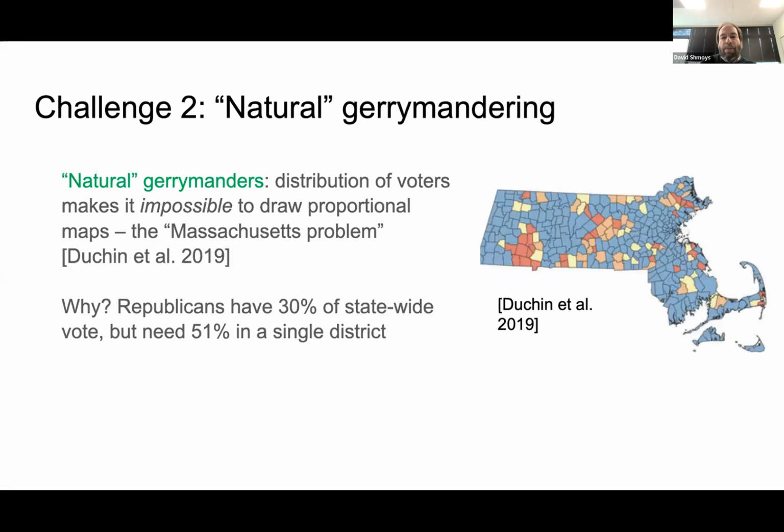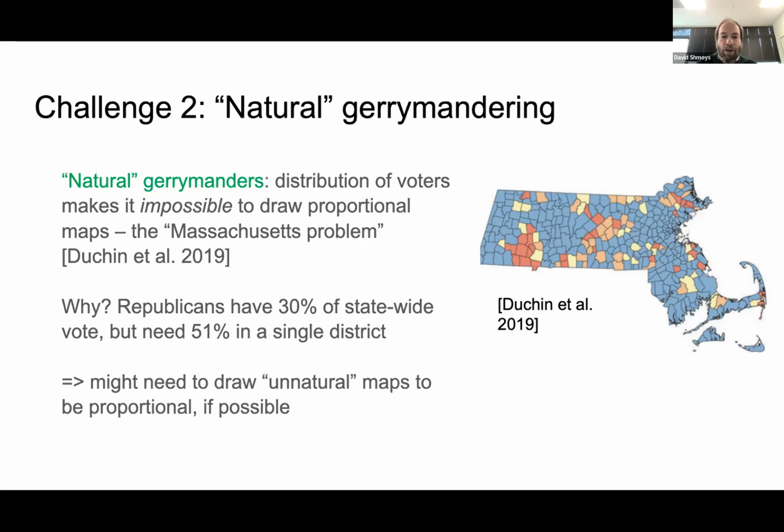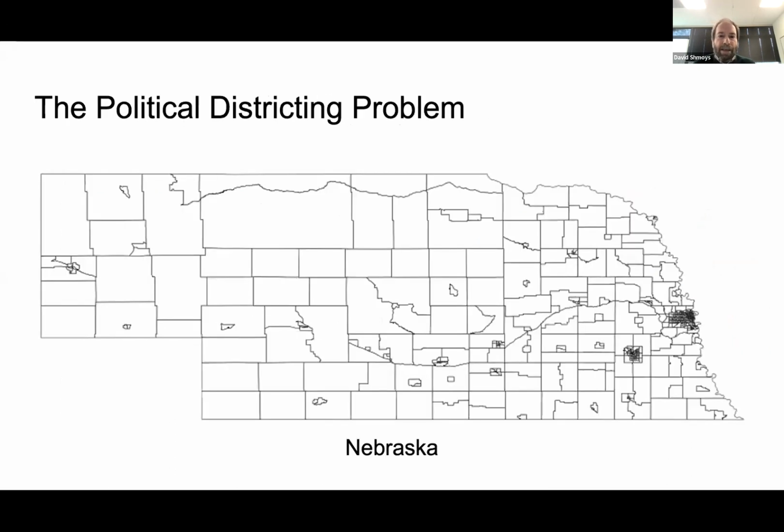The prototypical state in this case was highlighted in a paper by Duchin et al. and is often referred to as the Massachusetts problem, where the Republican vote in Massachusetts is sufficiently diffuse and consistent that it is a challenge to draw even a single compact district as part of a plan in which the Republicans would naturally control that district. So this is a second kind of gerrymandering that comes into play, and we'll also talk about addressing that.